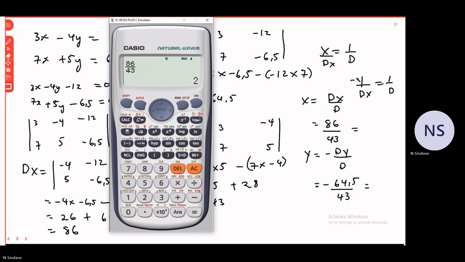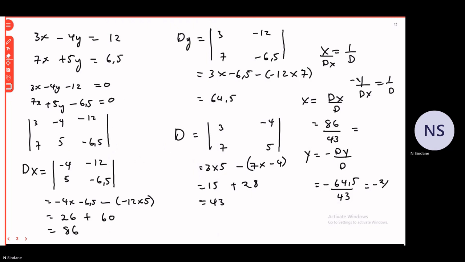And then the other one will be negative 64.5 divided by 43, which gives us negative 3 over 2, not 2 over 3. Right. And then here we have 2.